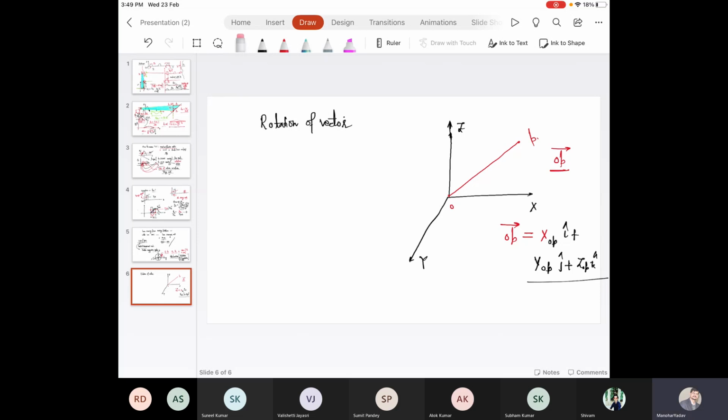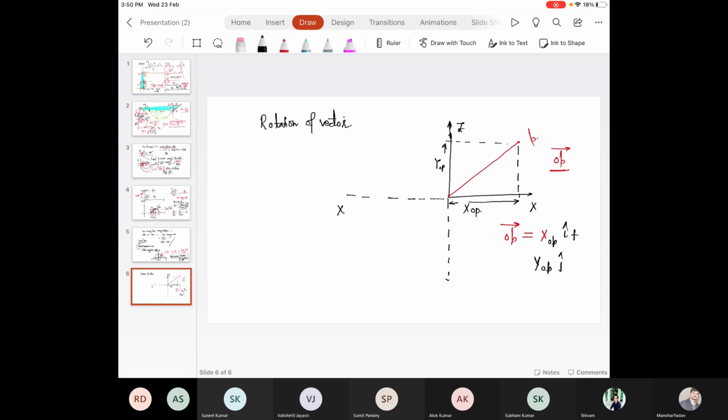So rotation in 2D. This OP vector we can project, and this is given as XOP, and this is given as YOP.